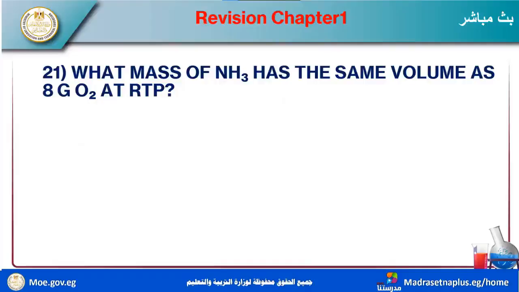What mass of NH3 has the same volume as 8 gram oxygen at RTP? It's easy. Firstly, you must convert 8 grams to number of moles.